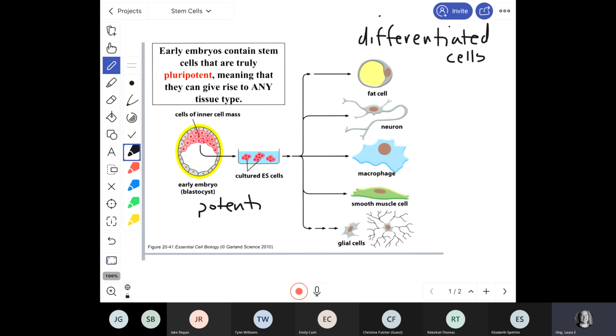And remember that part of what makes cells go through this transition from having all the potential but no function to having a great function but locked into place is that they basically are going to inactivate certain genes.